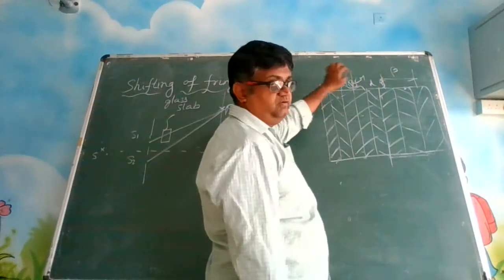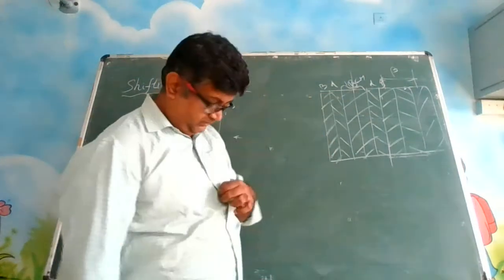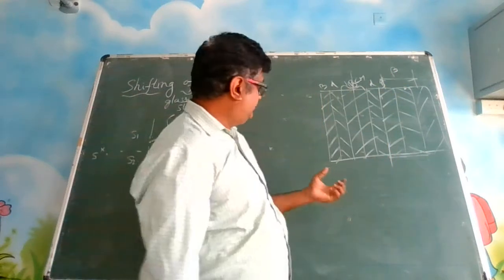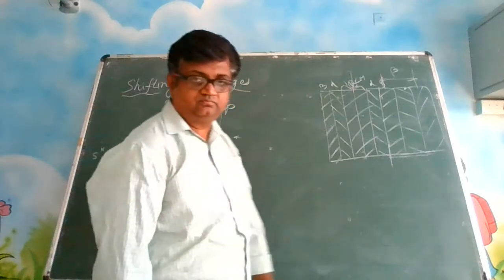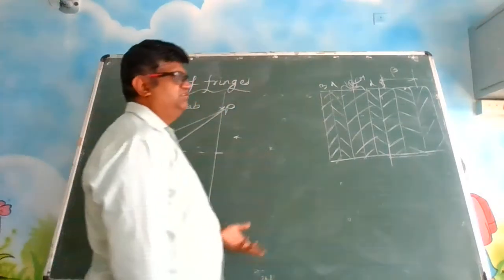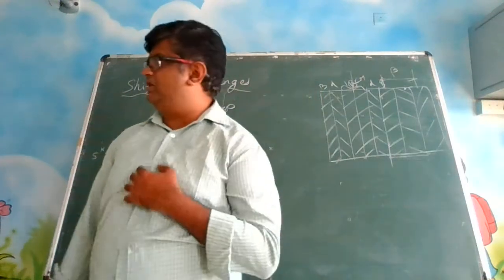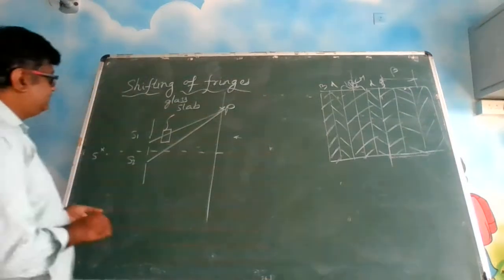Center to center of bright to bright or dark to dark is fringe width, denoted by beta. What are fringes? Individually these are all fringes, dark fringes, bright fringes. Why are these dark and bright fringes forming? Because of the interference concept.